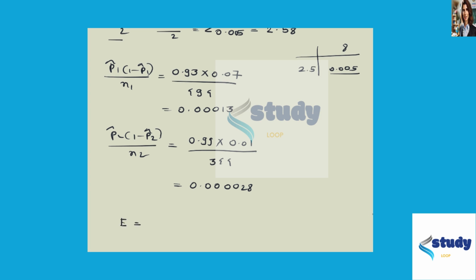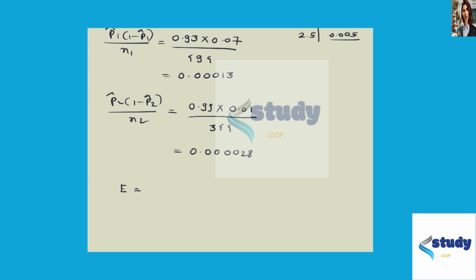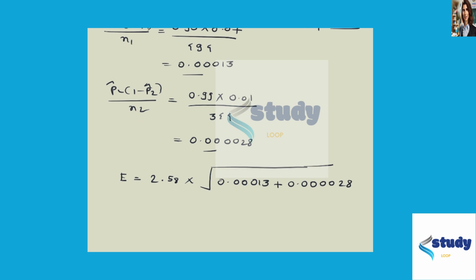Margin of error is the critical value into standard error. So the critical value is 2.58 into under root of P1 hat into 1 minus P1 hat divided by N1, that is 0.00013, plus the next term 0.00028, which equals 2.58 into under root of.